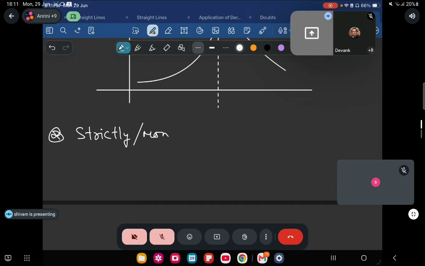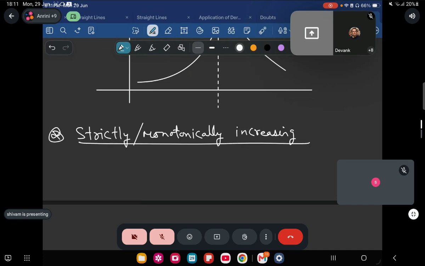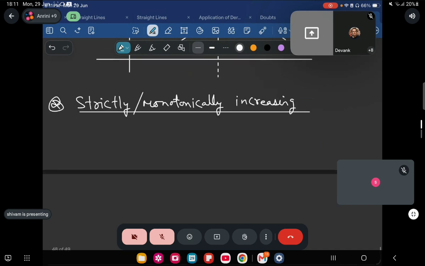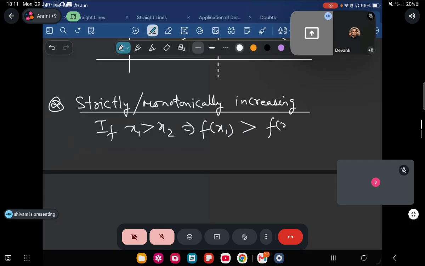In IIT, they will never confuse you between definitions. Monotonically increasing: if x1 is greater than x2, this implies f of x1 is greater than f of x2.